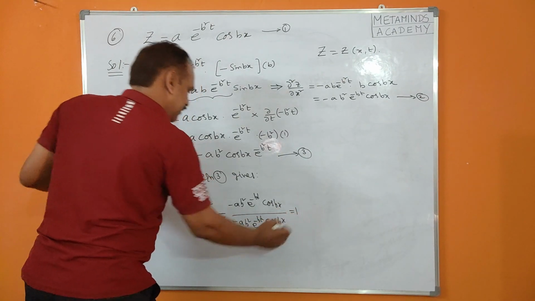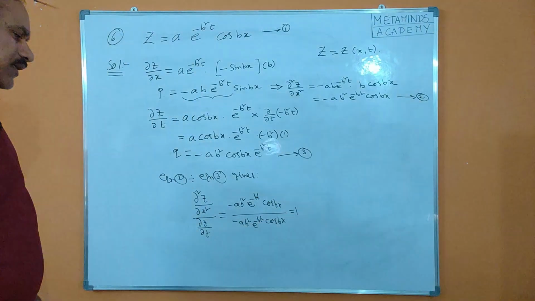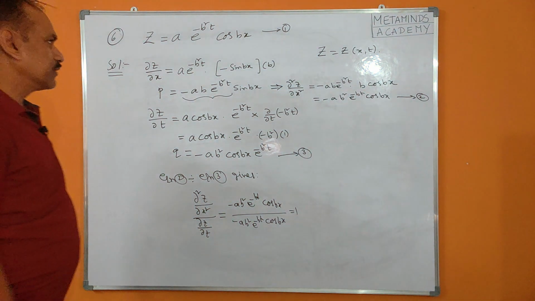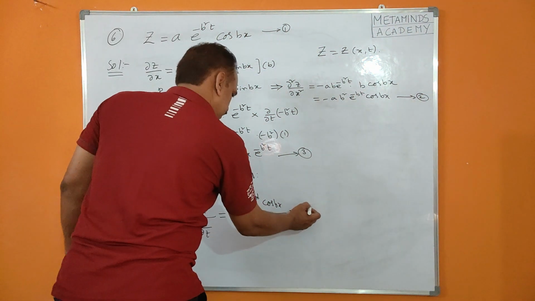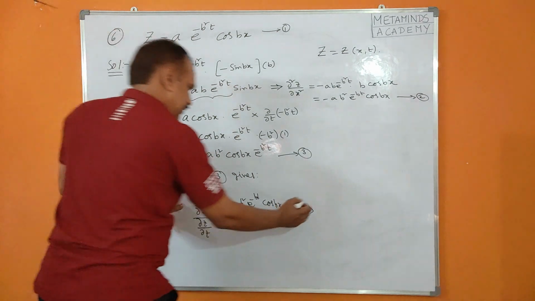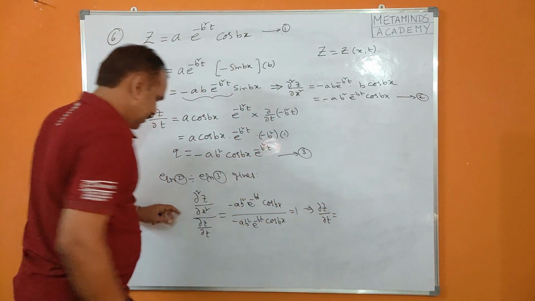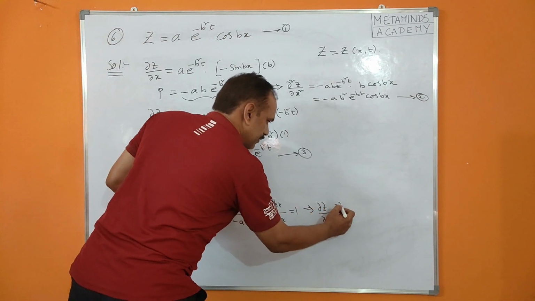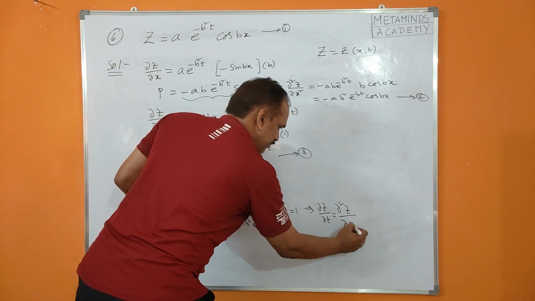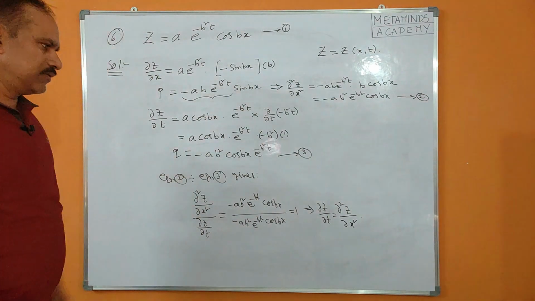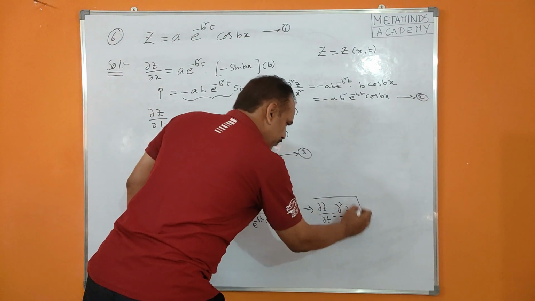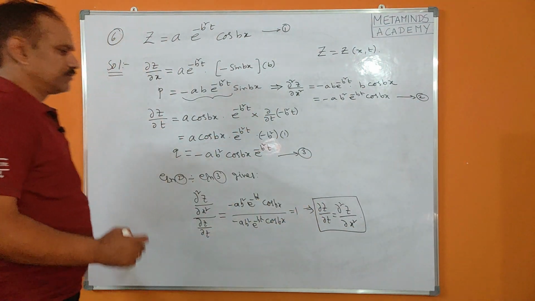So in one shot we are able to eliminate both the constants a and b. So this implies dou z by dou t equal to dou square z by dou x square. This is the required partial differential equation.